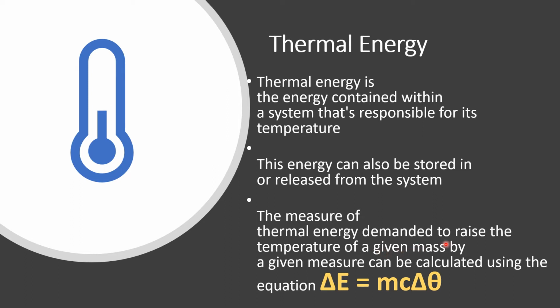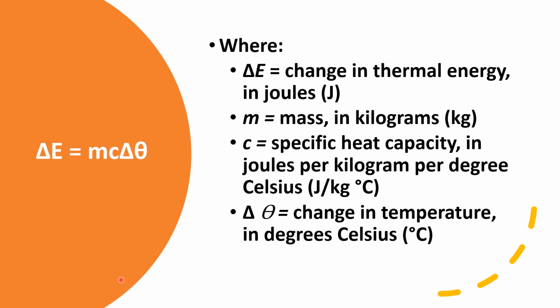Now, you might look confused at this formula and say, what does it all mean? Well, the triangle E part states that it is equal to the change in thermal energy in joules. So that's this bit over here. The M states that it is mass in kilograms.